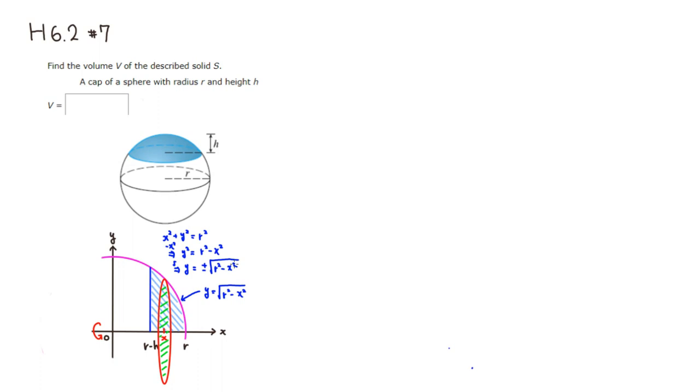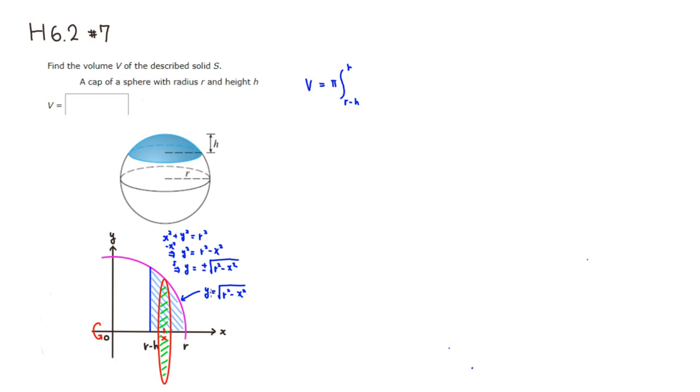Then we take this region from r minus h to r, which is a radius, and rotate it about the x-axis. So we can use the disk method. By the disk method, volume V can be expressed as pi times the integral. The region goes from r minus h to r.